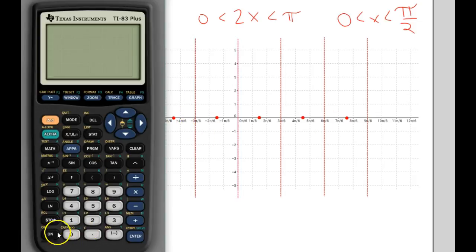Now, when you don't have a grid that shows those halfway points, remember you can always use the fact that we can remove the pi and then just work with these numbers. So this is pi over 4 and 0, so we can tell it's going to be pi over 8 for that one. But what's the upper one going to be? So that's pi over 4, that's pi over 2.